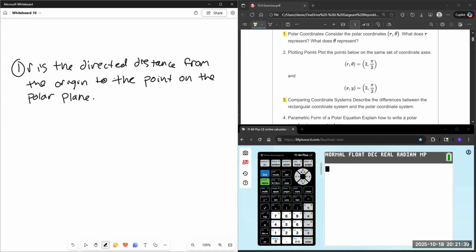Theta is the directed angle. Counterclockwise is a positive orientation.